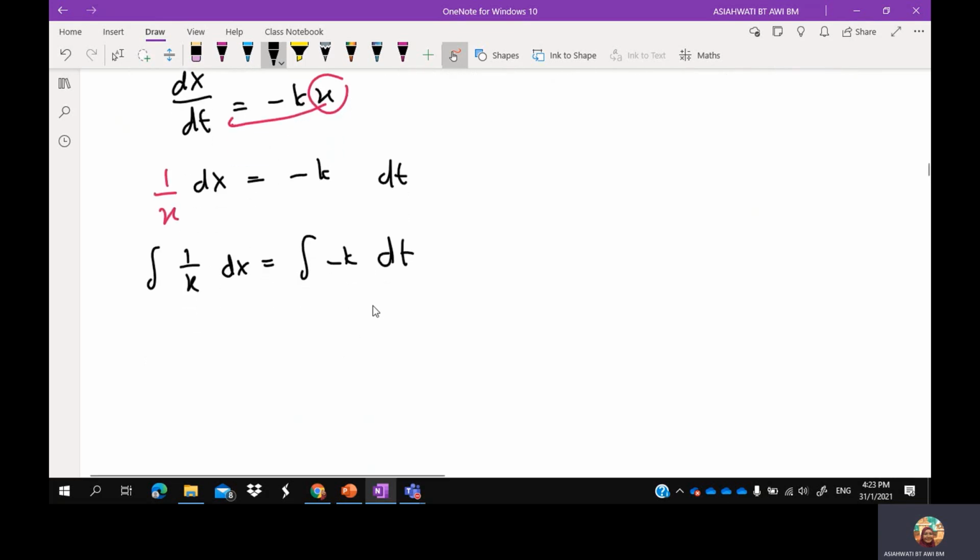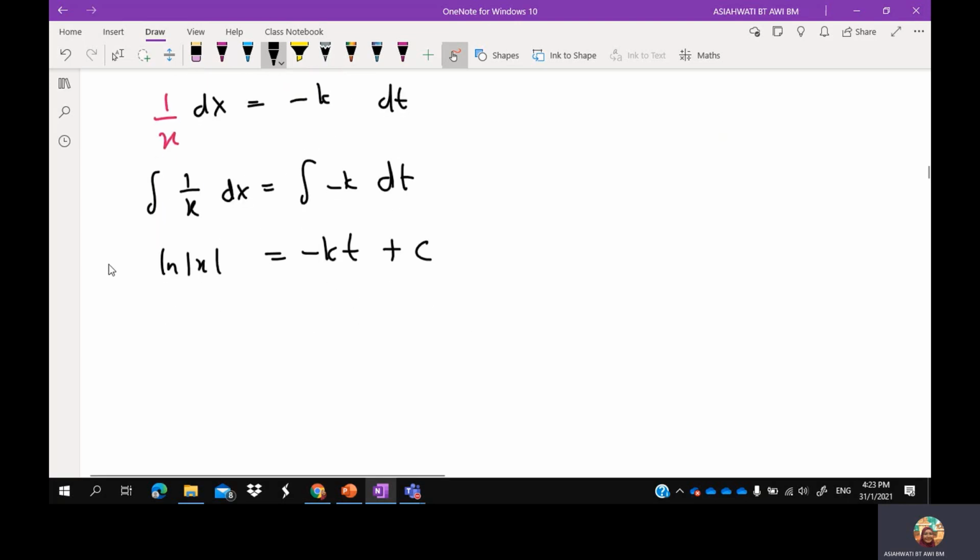Actually negative k you can take outside because it is constant, but it's okay. Integrating 1 over x gives ln x, equal to negative k integrated with respect to t, which gives negative kt plus c. Now you have two methods: either leave it like this or write x in terms of t.